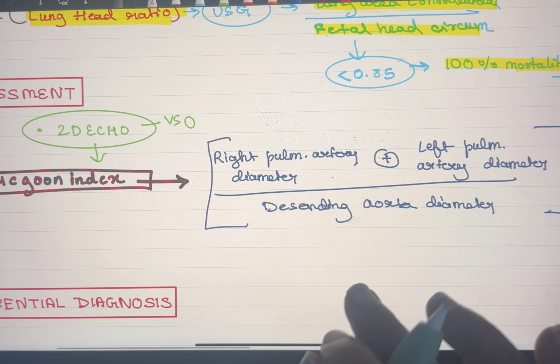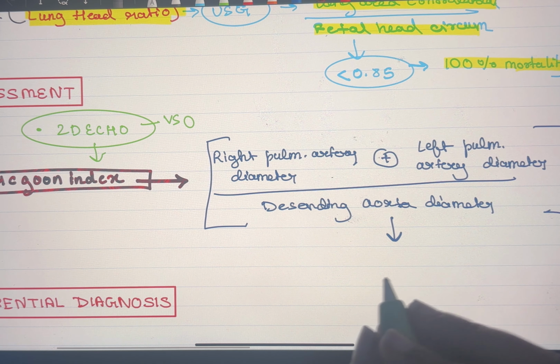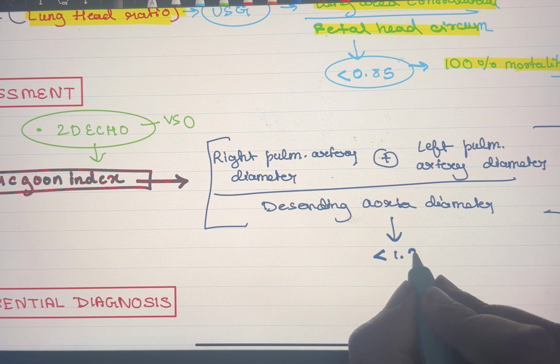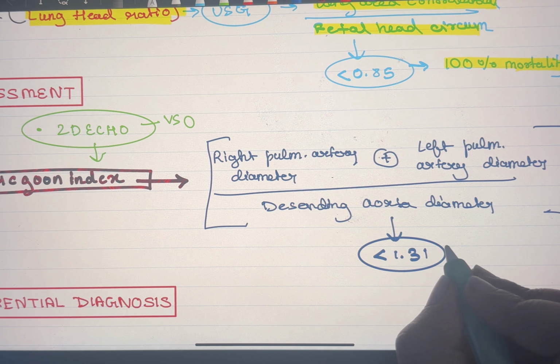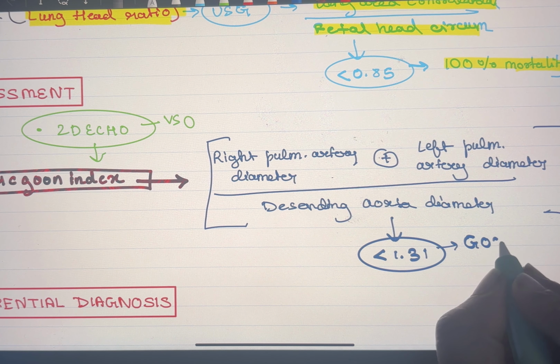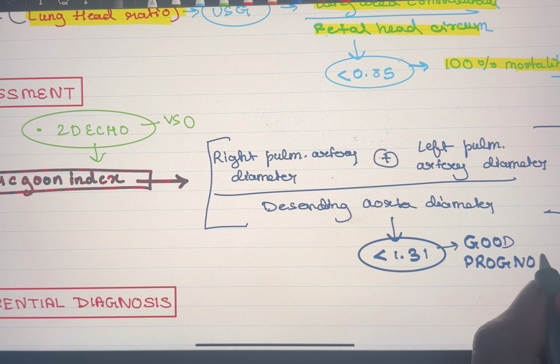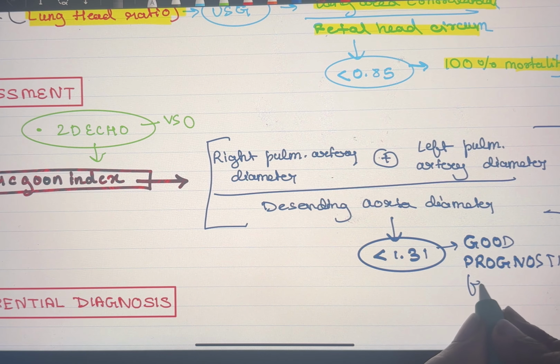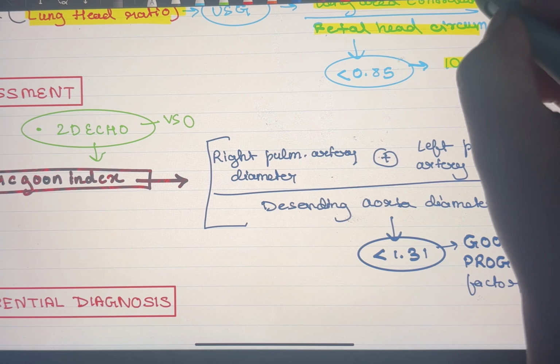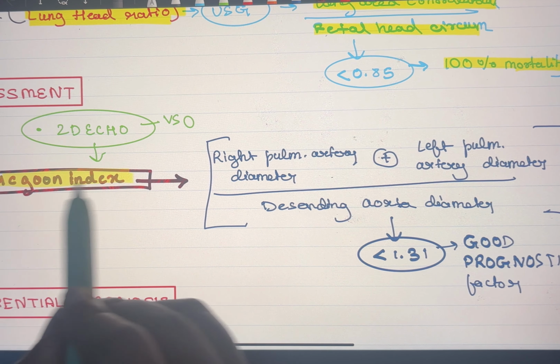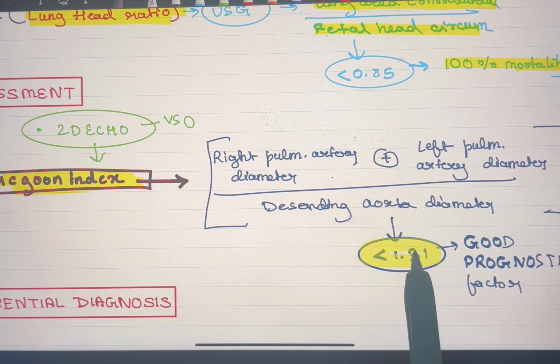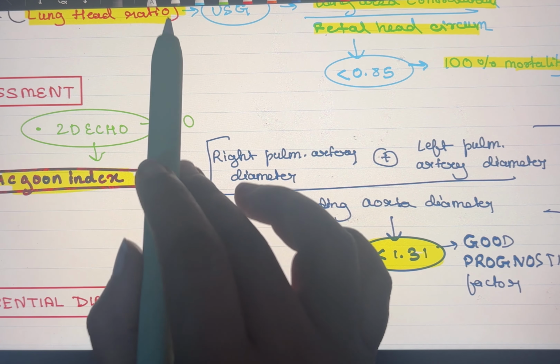This is the McGoon index. If the McGoon index is less than 1.31, this is a good prognostic factor. So you have to remember the McGoon index, and if it is less than 1.31, then it is a good prognostic factor.